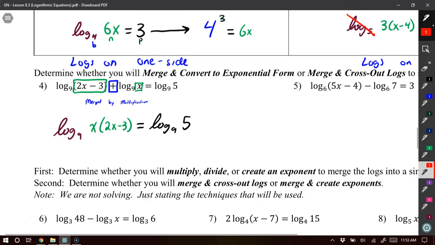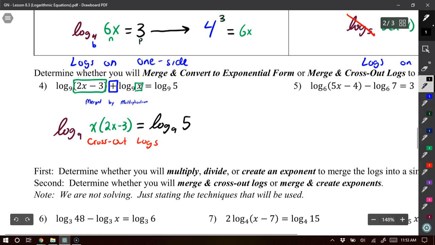So I'm going to cross out the logs. I'm only going to be left with, and I'm going to distribute this, 2x squared minus 3x equals 5. I can cross out my logs.